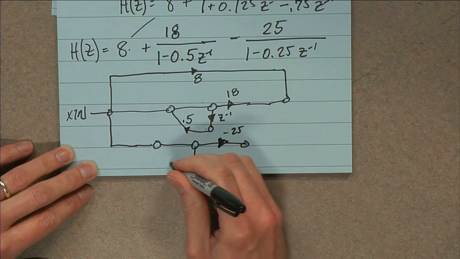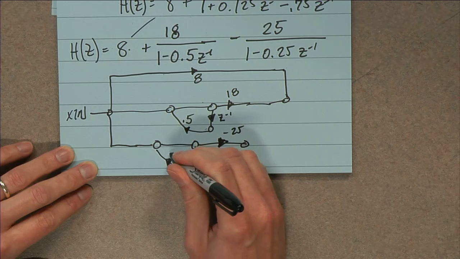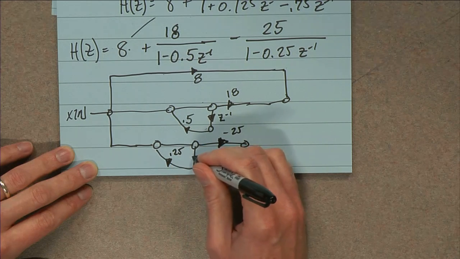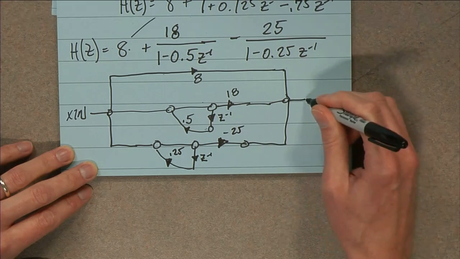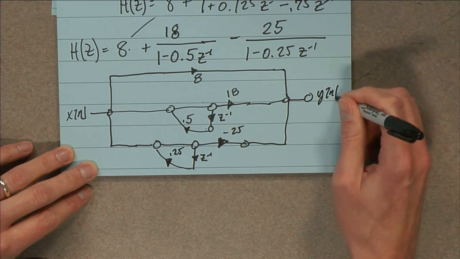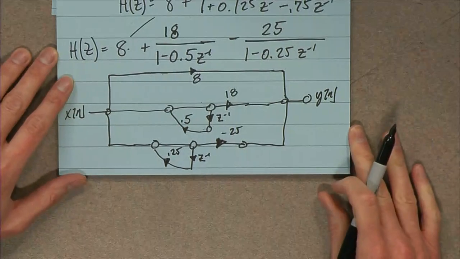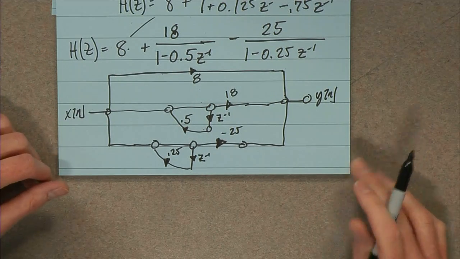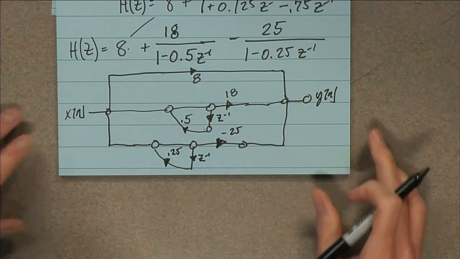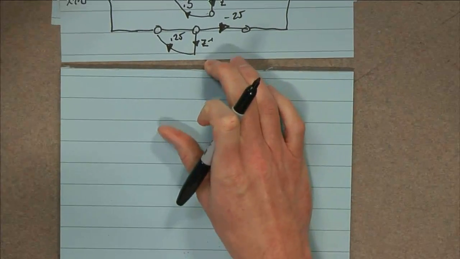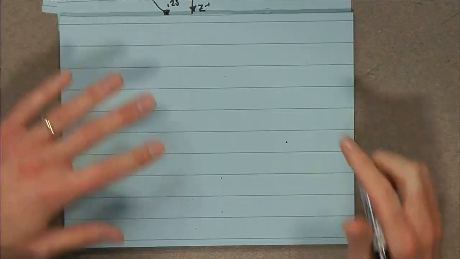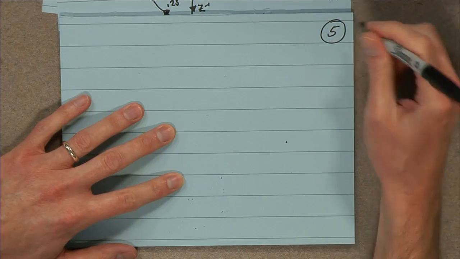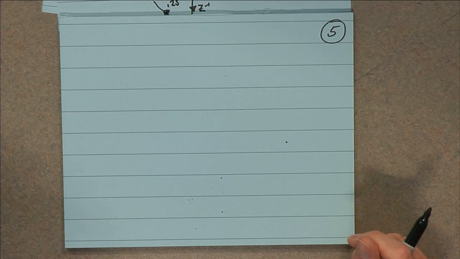Plus 0.25 with a z inverse. And we're done. Y of n. So we've broken it up into 3 first order sections. So hopefully this demonstrates that you can get different structures out of here, which can sometimes appeal to your needs depending on what sort of processing elements you have.